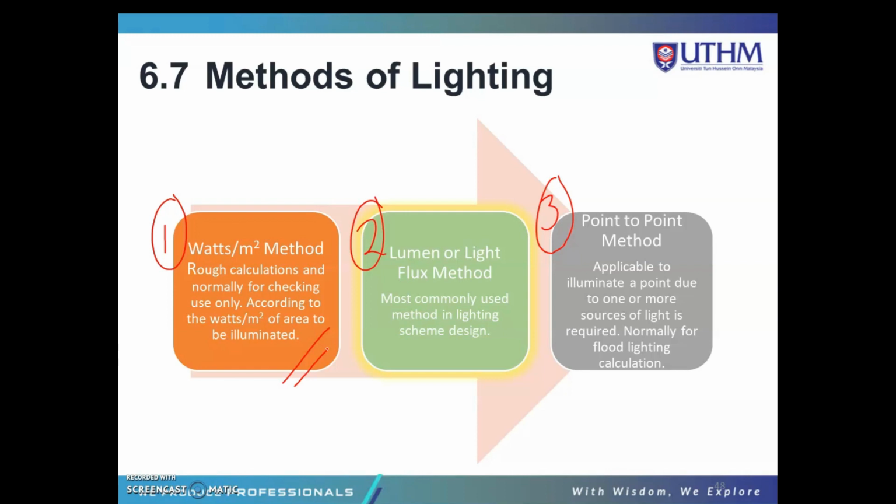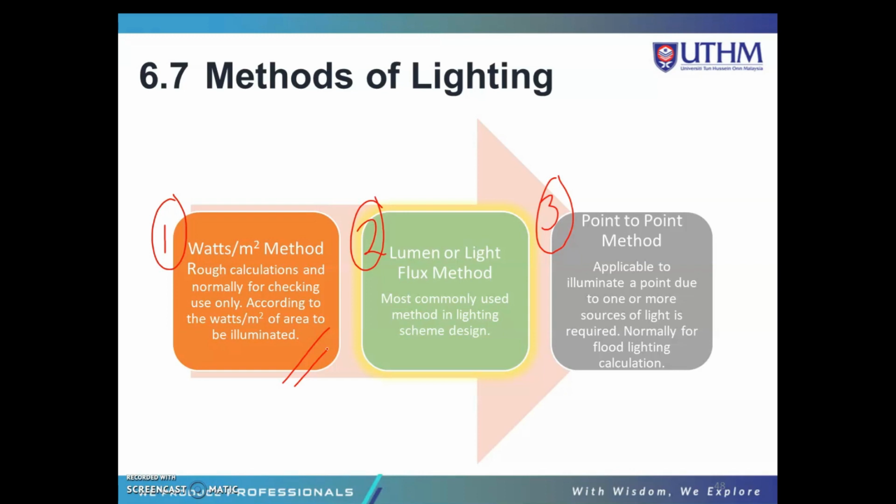This is principally a rule of thumb method, very handy for rough calculations and normally for checking use only, according to the watts per meter squared of area to be illuminated.